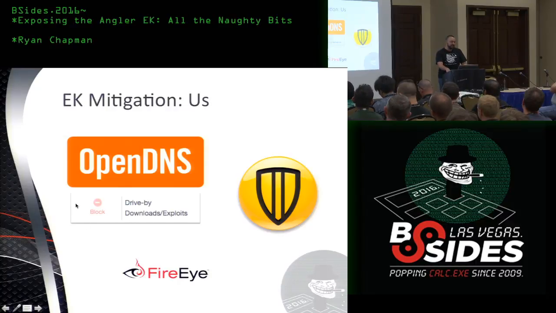Specifically, OpenDNS has a feature called drive-by download exploits, and I don't know who runs that for them. I should probably find out and give them a plug, but they do a damn good job. It was stopping Angler left and right. We also have FireEye that just alerts us, but it's not inline, so it's more like, hey, oops, and then we have to go deal with it. So that's not really mitigation, if you ask me.